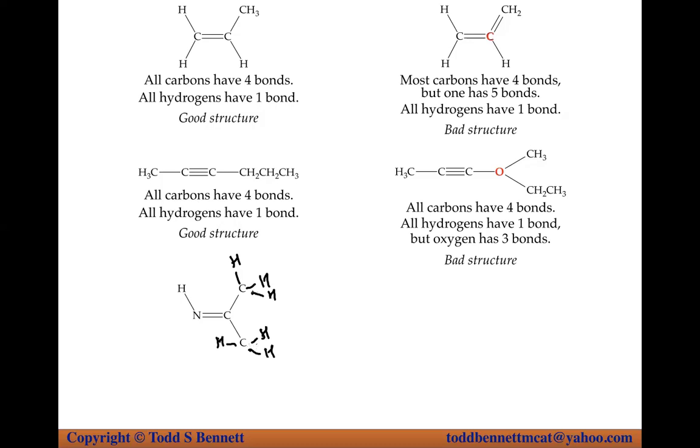So nitrogen has 1, 2, 3 bonds. Hydrogens all have 1. Carbon has 1, 2, 3, 4. 1, 2, 3, 4. 1, 2, 3, 4. Perfect. Carbon has 4 bonds. Hydrogens have 1. All nitrogens have 3. The one thing I'm missing, and hopefully you're sitting there yelling at your computer, is the lone pair on nitrogen. Now it is complete and a good drawing.